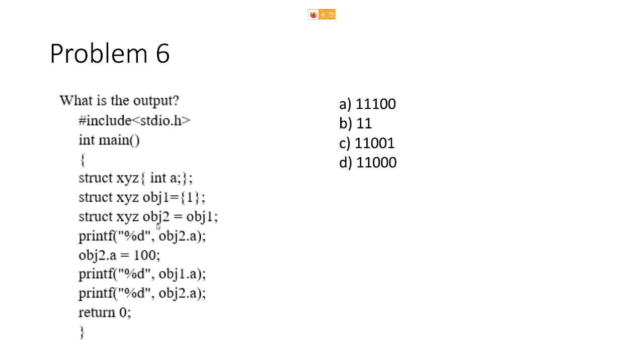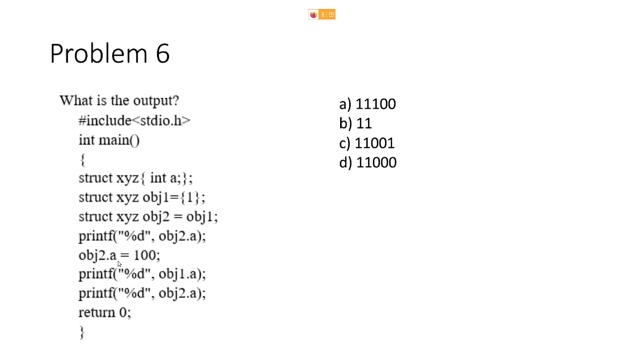After that, you create another object of structure XYZ type, named object2, and you use the assignment operator to make a copy of object1. Basically, the assignment operator will make a copy. Then you are printing the value of object2 dot a.